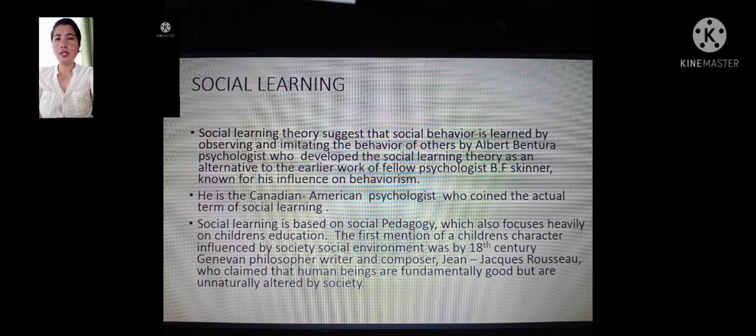Social learning is also based on social pedagogy, which focuses heavily on children's education. The first mention of children's character being influenced by society and social environment was by the 18th century Genevan philosopher, writer, and composer Jean-Jacques Rousseau, who claimed that human beings are fundamentally good but are unnaturally altered by society.